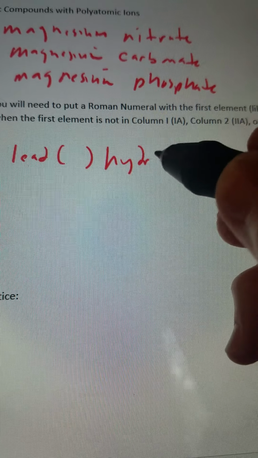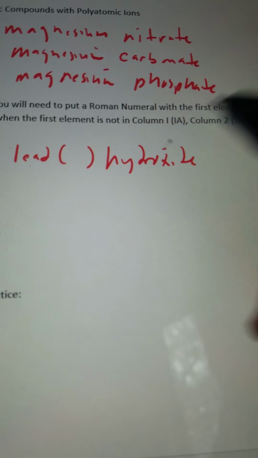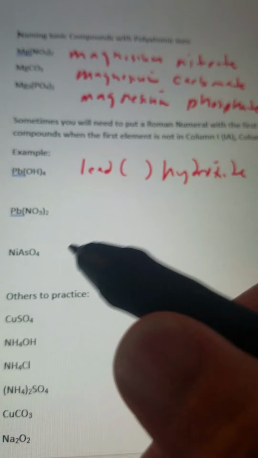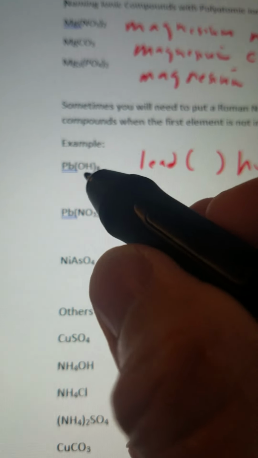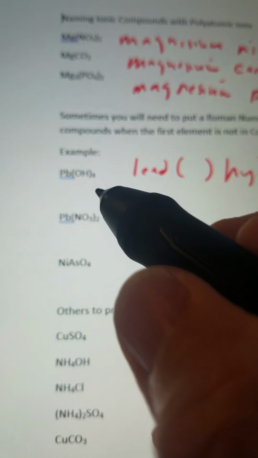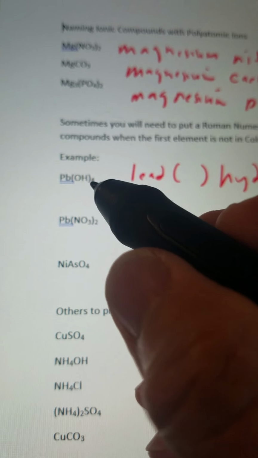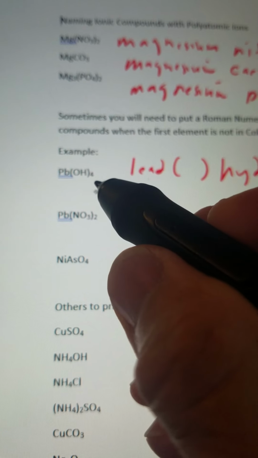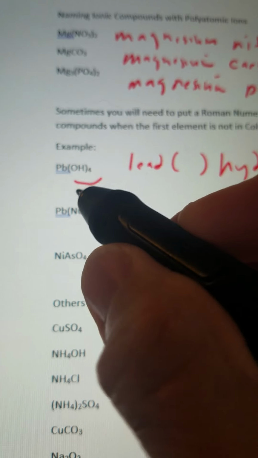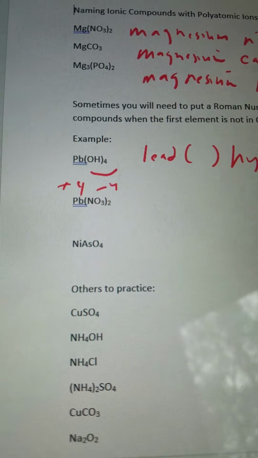Again, a polyatomic ion, just name it as it is. To figure out the charge of the lead, we just look at the charge of the hydroxide. Hydroxide is -1, but I have 4 of them, so that means that this whole half is -4, so that means this whole half needs to be +4.